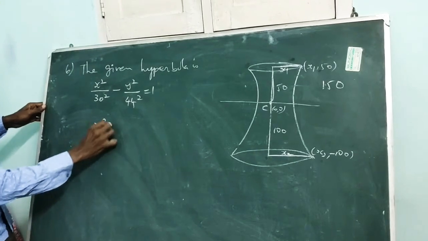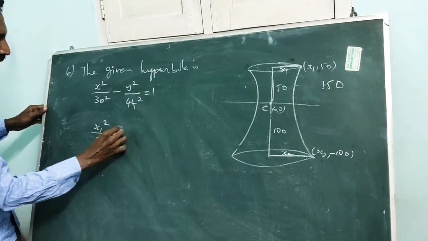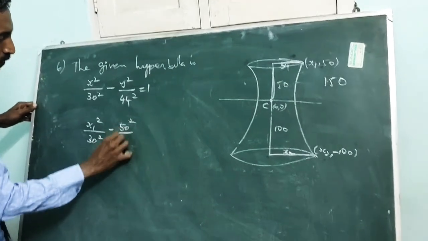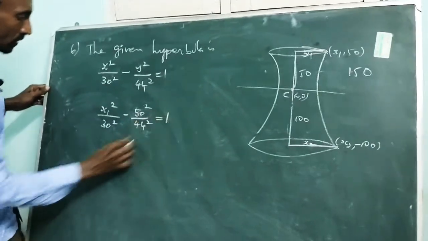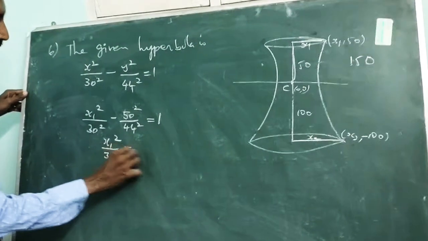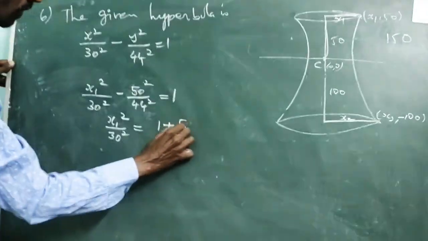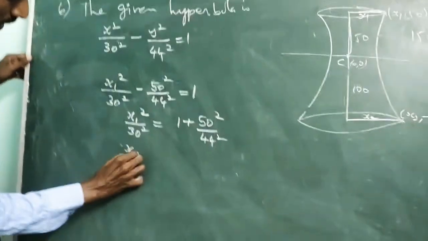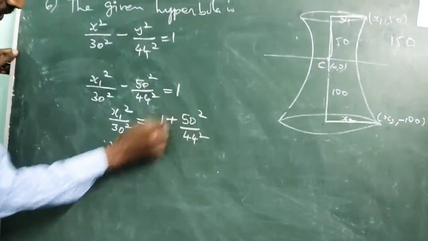So x1 square by 30 square minus 50 square by 44 square equal to 1. So x1 square by 30 square equal to 1 plus 50 square by 44 square. So take the LCM for these two.